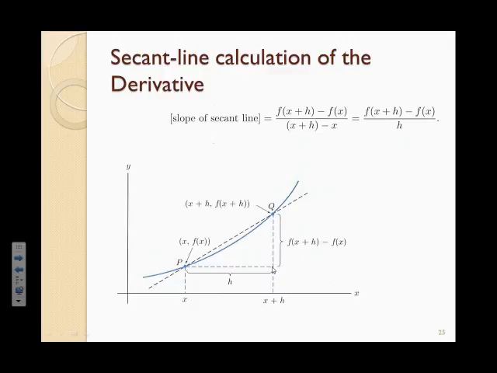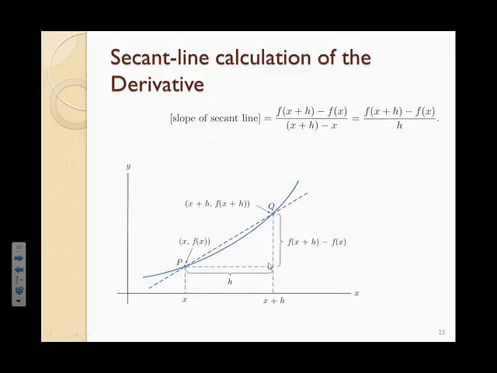If we wanted to calculate the slope of this secant line that we've drawn here, we do the change in y over the change in x. And that's what we're doing up here. The slope of the secant line will be the change in y, that's f of x plus h minus f of x, the same thing that's here.